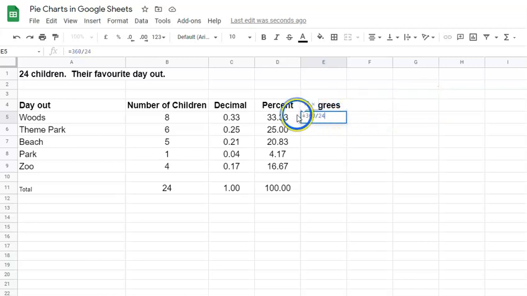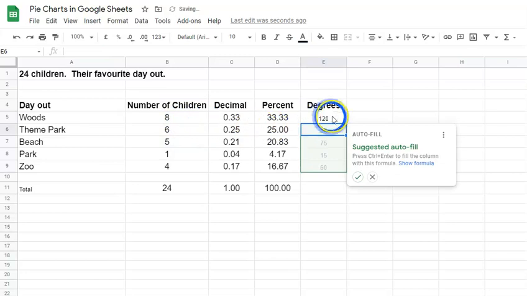And we then need to multiply that. So if you think about it, 360 over 24 will give us a slice for one child. We then need to multiply that by the number of children in each slice. So if 8 children went to the woods, we want the number of degrees for one child times 8. So I've done 360 divided by 24, which is the total number of children, multiplied by 8.